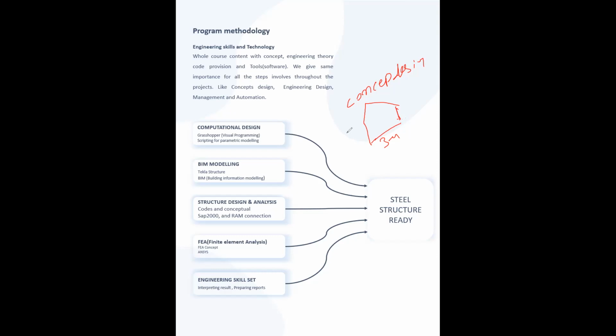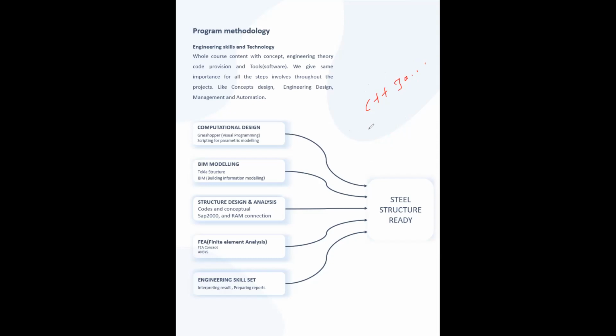But computational design means we are going to script the structure. Just like a computer works on coding languages, that might be C++, Java, like that, we have a kind of visual programming.